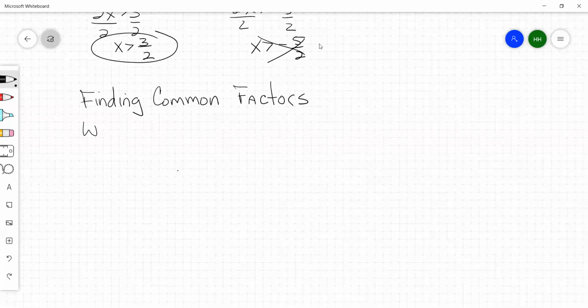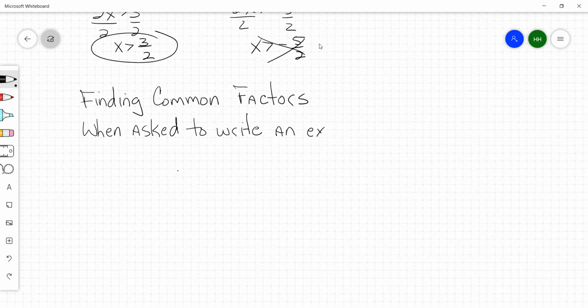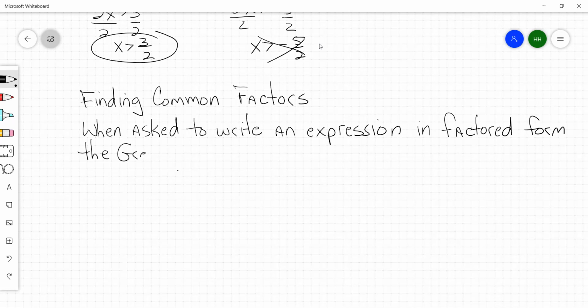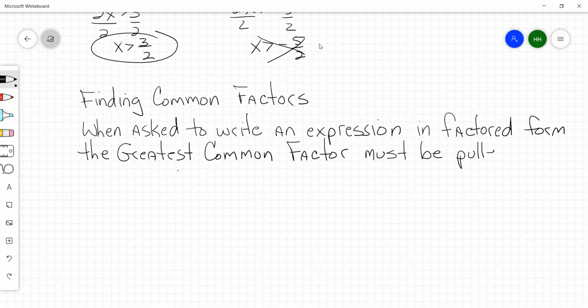And we're going to say that when asked to write an expression in factored form, the greatest common factor must be pulled out of the expression.